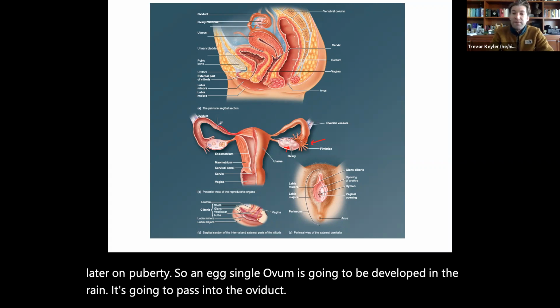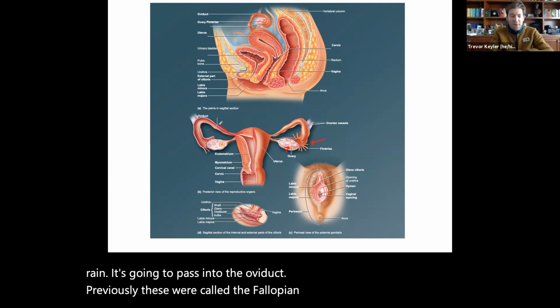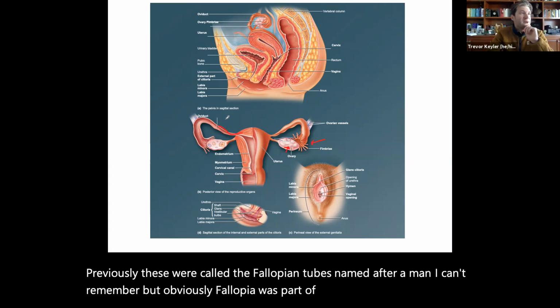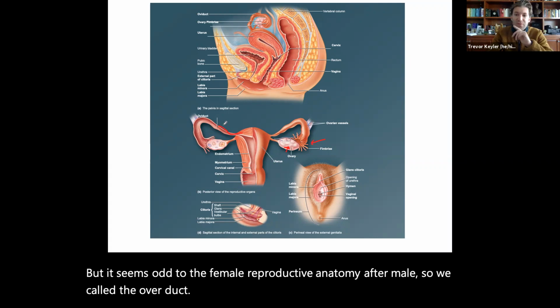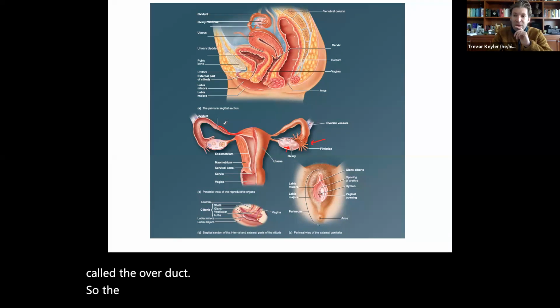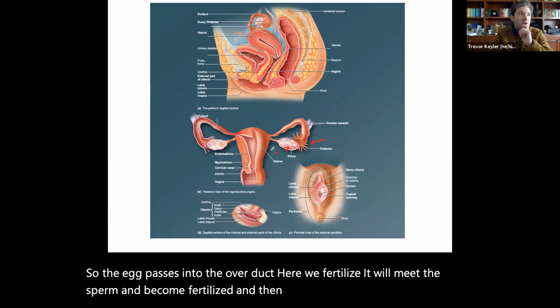Previously, these were called the fallopian tubes, named after a man, I can't remember the name, but it seems odd to name female reproductive anatomy after a male, so we call it the oviduct. Okay. So the egg passes into the oviduct. Here it'll meet the sperm and become fertilized, and then it'll move into the uterus for implantation.